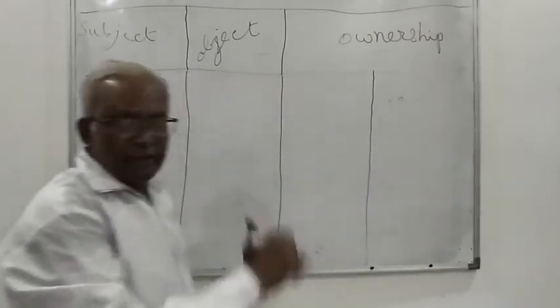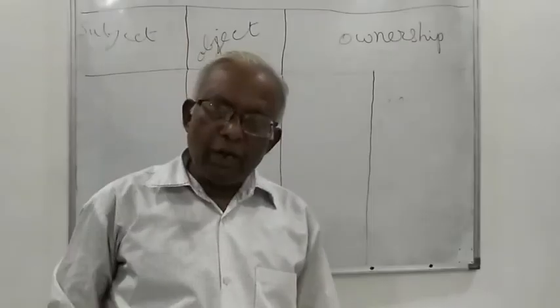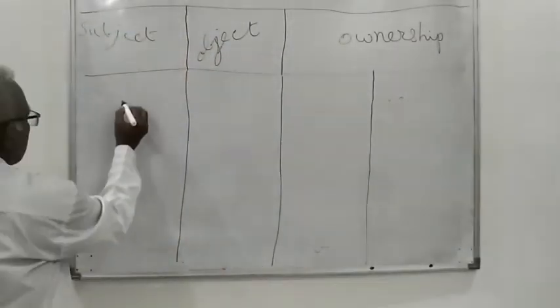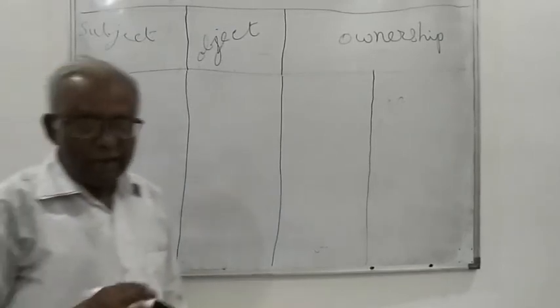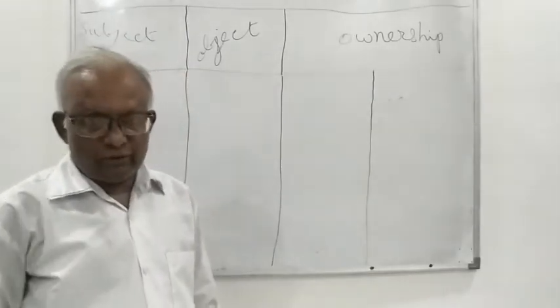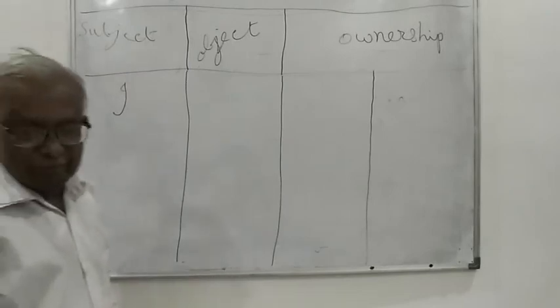Now this idea will become clear to you once I write down a clear example. Suppose the word I is a pronoun. I am teaching English. I is the subject. So I use the word I in the place of subject.